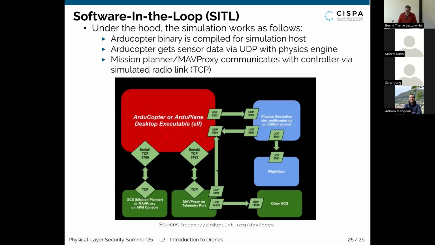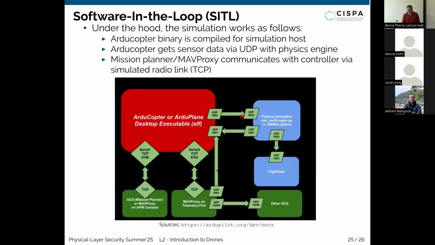Now in your software in the loop setup here, you're communicating via various networking sockets. So there's various TCP connections. And some of these might connect to a local mission planner module. Some might connect to a local MAF proxy. And then there is a physics simulation engine. So this communication, of course, doesn't exist on the drone because the real drone doesn't need a physics simulation.